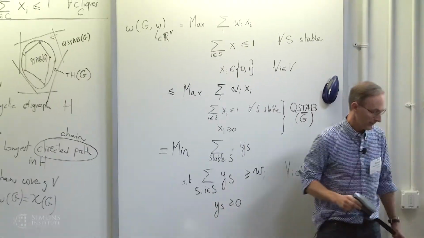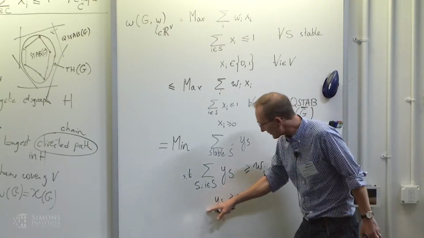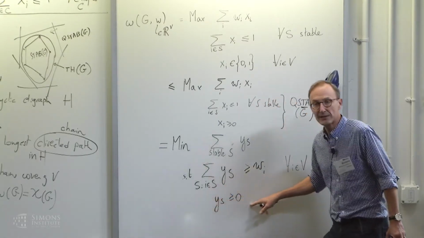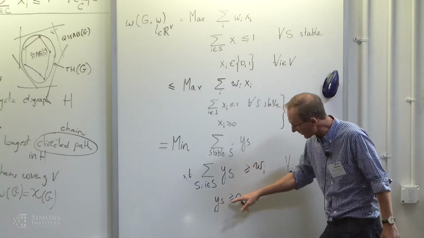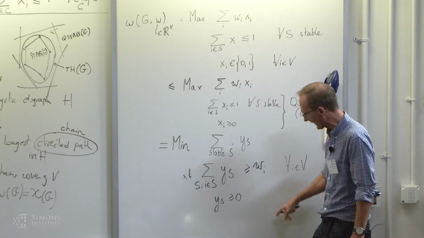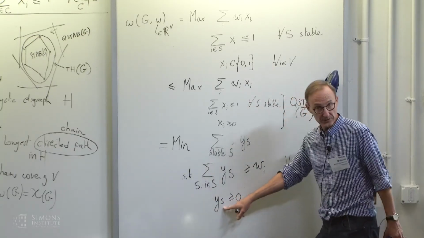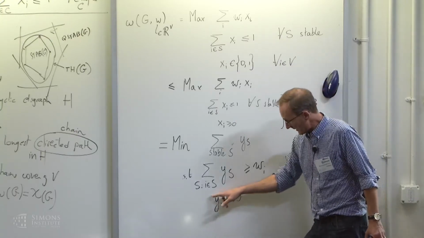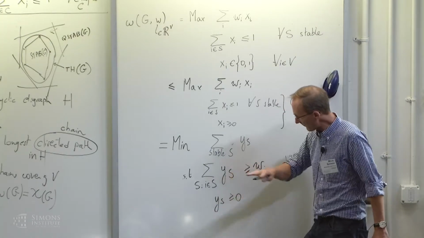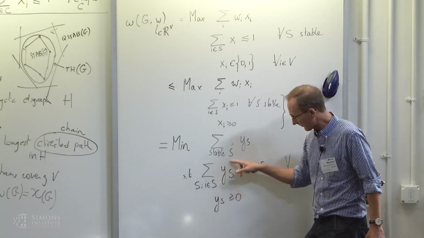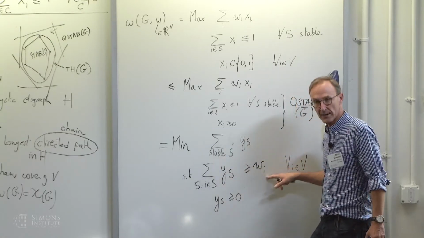And so what does that mean? Suppose that I could find an integer solution to this. So this is a linear program, this is fractional, but suppose I could find an integer solution to this. Then it would mean that every stable set has an integer multiplicity, and then what my stable sets do is that they cover each vertex wi times.